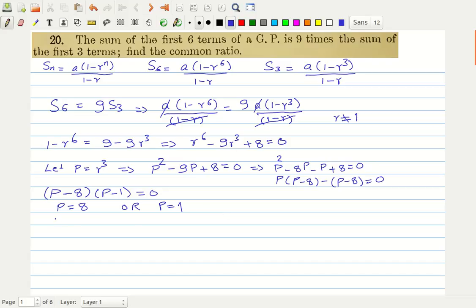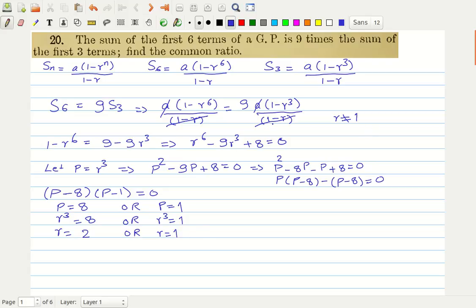So this means that r cube, because p is r cube, is equal to 8, or r cube is equal to 1. From here we get r is equal to 2, which is cube root of 8, or r is equal to 1.